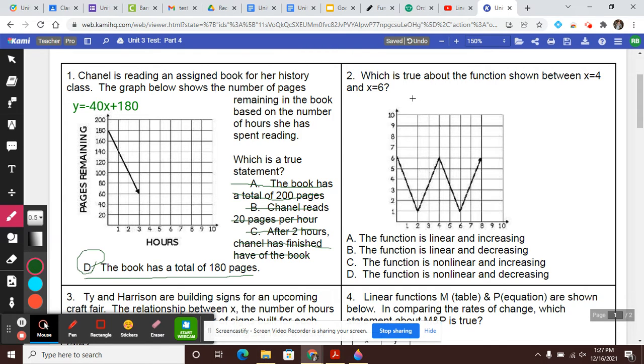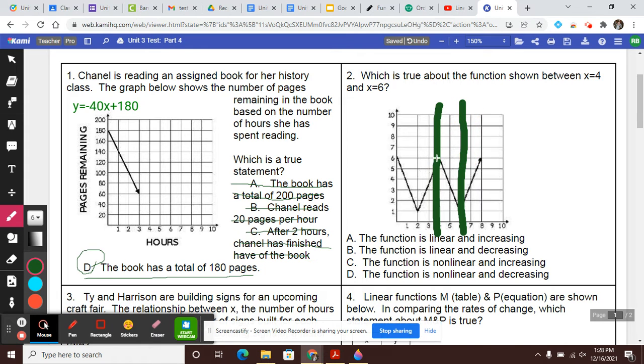Number 2 says, which is true about the function shown between x equals 4 and x equals 6. So I look at 4 and I'm going to draw a line here, and make it a little bolder so that it's easier to see. Between here and here is where I'm looking.